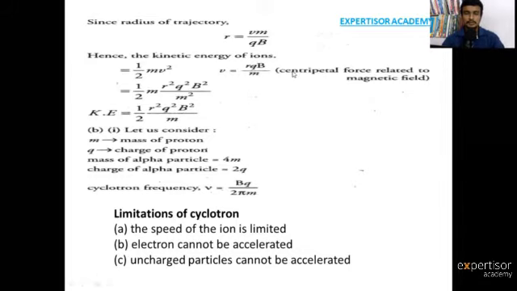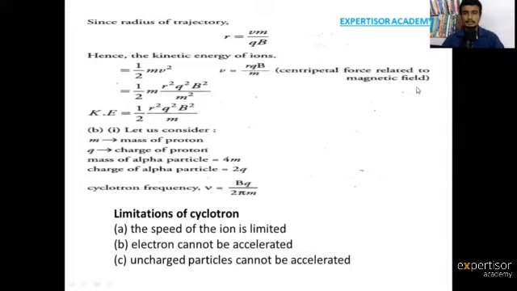That means qvB is equal to mv square by r. From this relation, we have r is equal to mv divided by qB. From this relation, we separate the speed: v is equal to rqB divided by m.